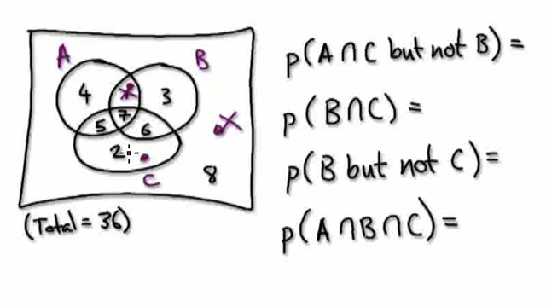If you look at this one here, it's in C, but it's not in A, not in B. You want somewhere where it's in all three. So this is a bad outcome. Bad, bad, bad. Well, if you look at this middle bit here, that's in A, and it's in B, and it's in C. So all you're interested in is this 7 here. So the answer here would be 7/36. Okay?